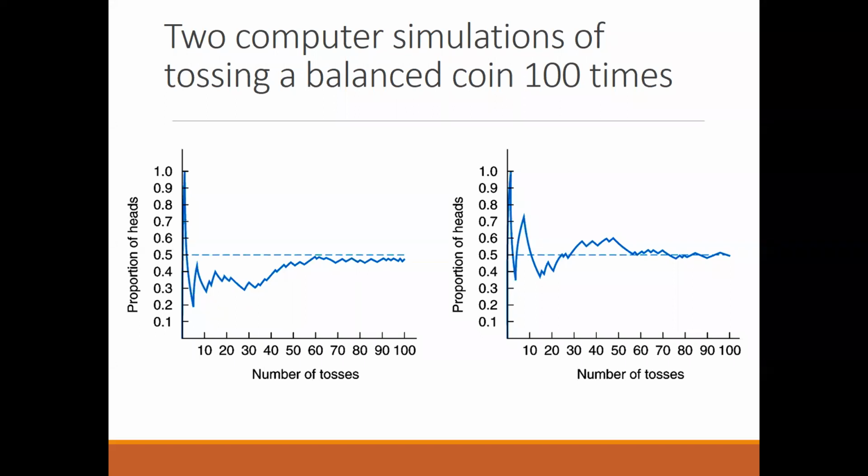But if I continue this experiment many times, please remember, my average outcome of whether I get a head or a tail will always be around 0.5.